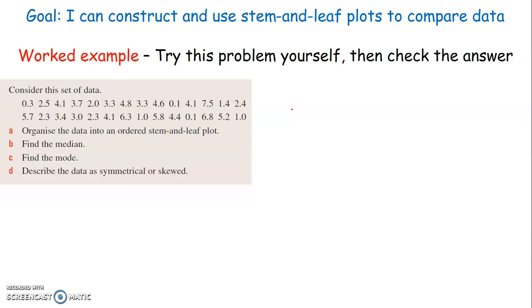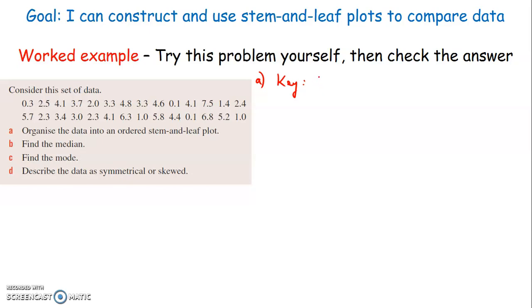Consider this set of data. We have all these numbers here, and first of all I can see that we are dealing with decimals. That's going to be important when we make our key in a moment. Question A asks us to organize the data into an ordered stem and leaf plot. So now we need to make the key so that people know, and also so we know, how to read the data.